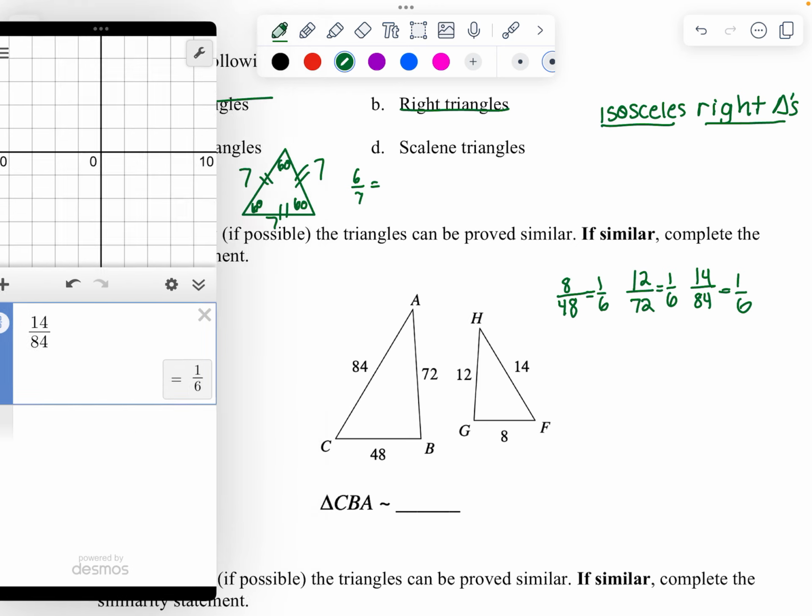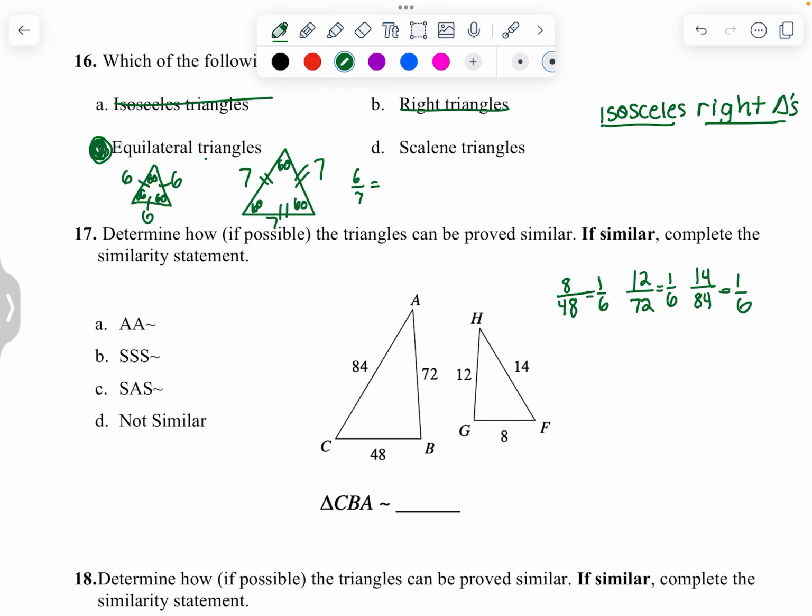They all simplify to the same fraction. So yes, our triangles are similar, but how are they similar? Are they similar by angle? Well, no, we were not given any information about the angles. Side, side, side. It looks like we have 3 pairs of sides that are proportional. So yes, this is side, side, side.